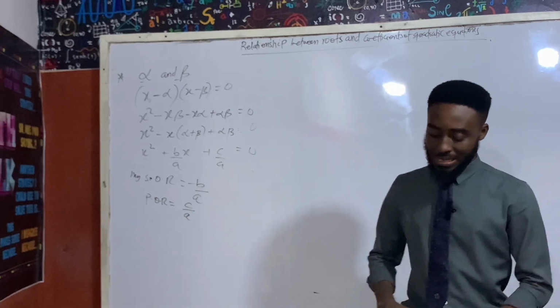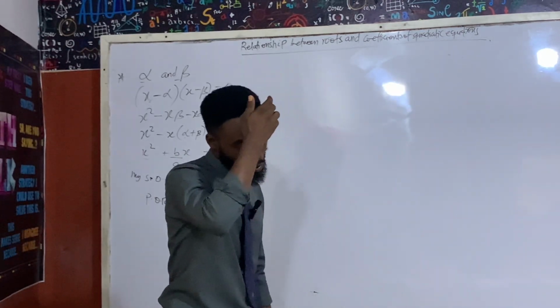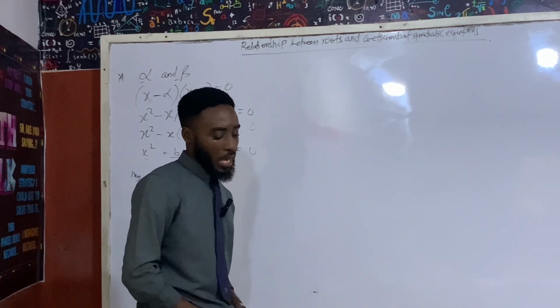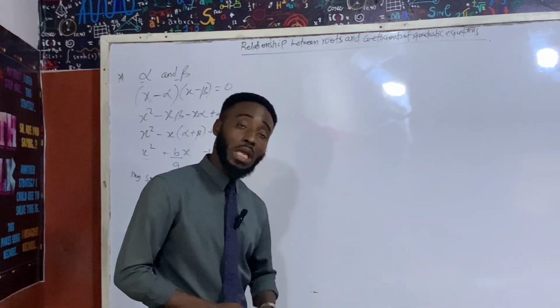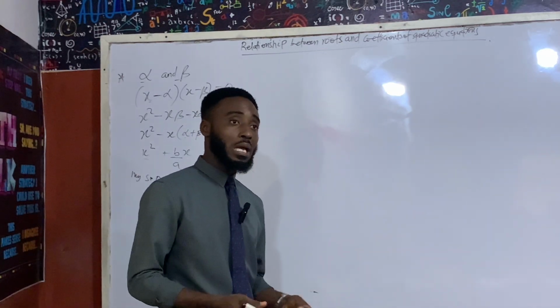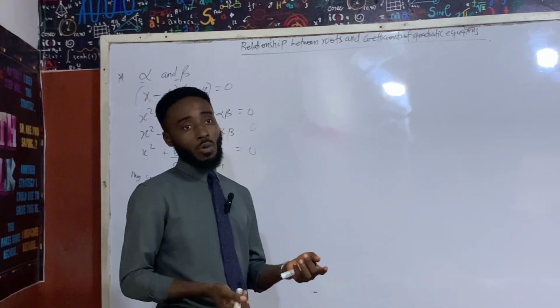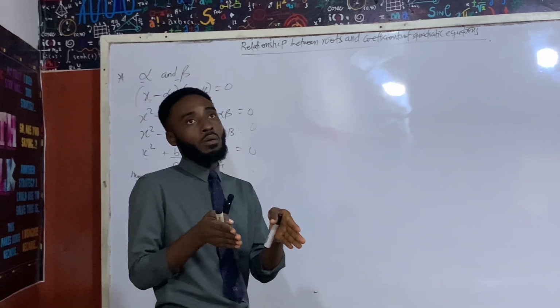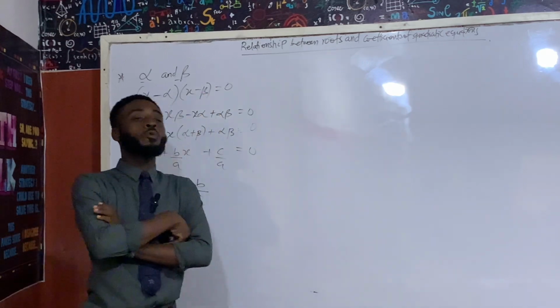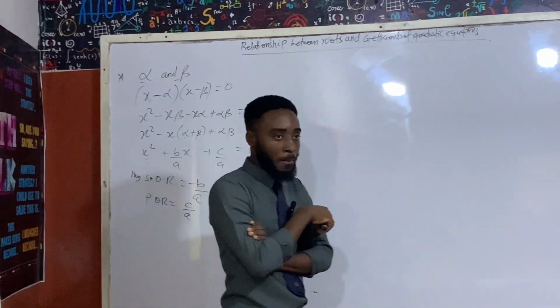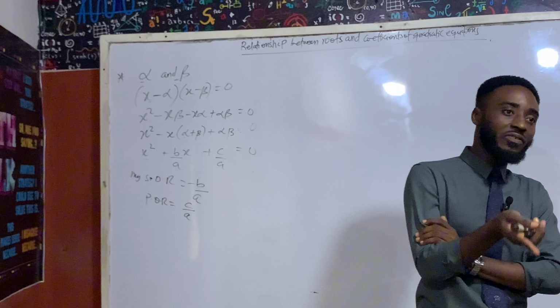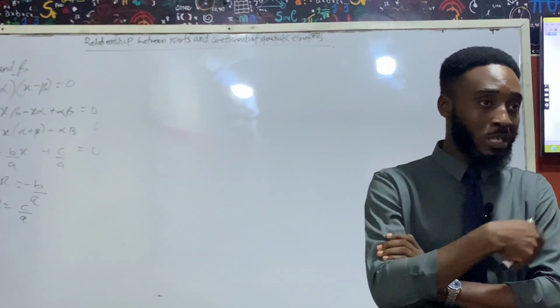We are doing this to come to a conclusion that, for example, if I give you two roots and ask you to get an equation for me, what do you do? We are used to being given the equation and having to find the roots. But there are times that you are given the roots and you are asked to find the equation.